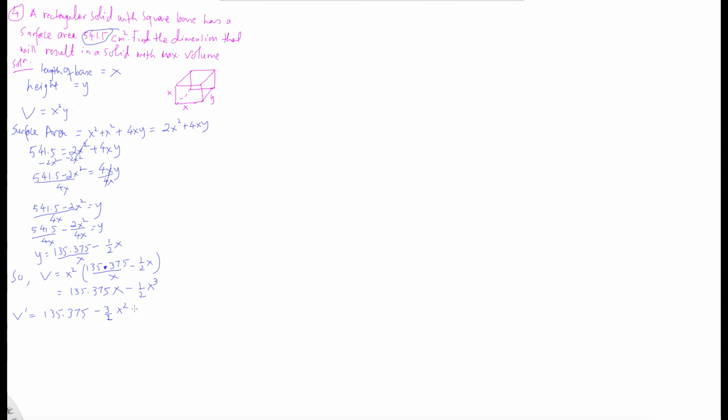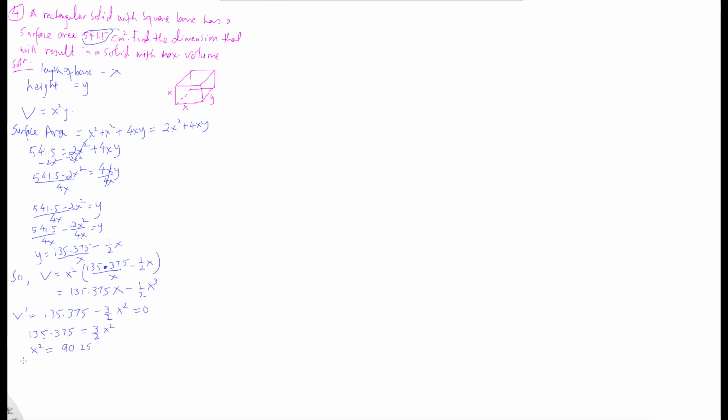To find the maximum or minimum value, you set that equal to 0. So you get 135.375 equals 3/2 x squared. Multiply both sides by 2 and divide by 3, and you get x squared equals 90.25.